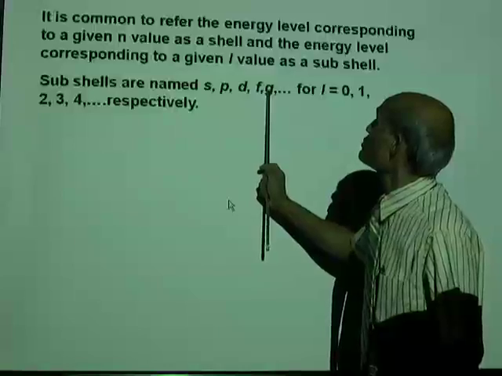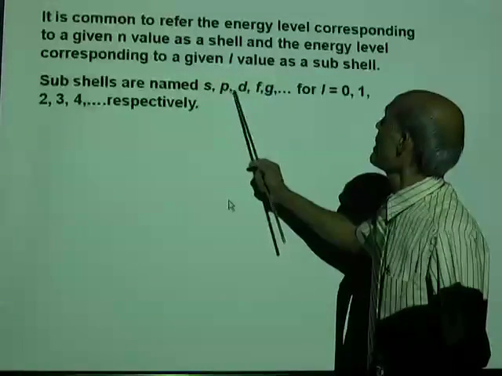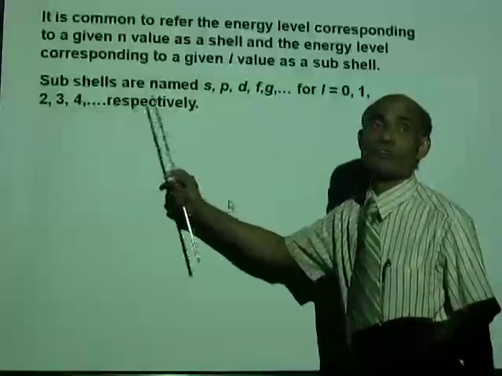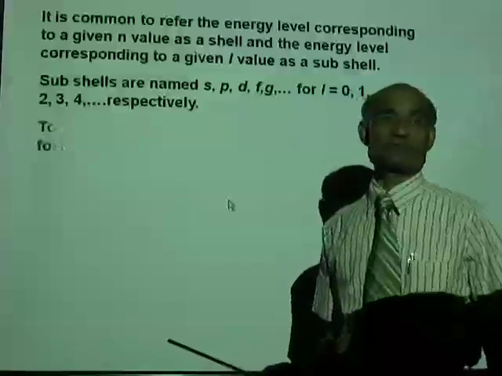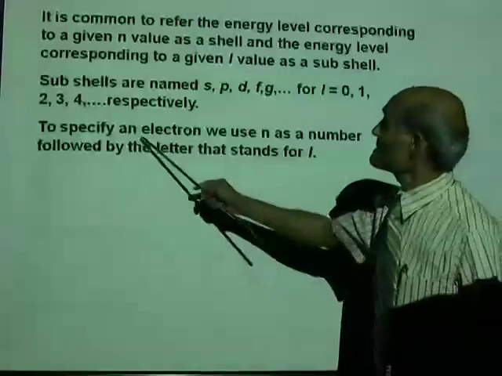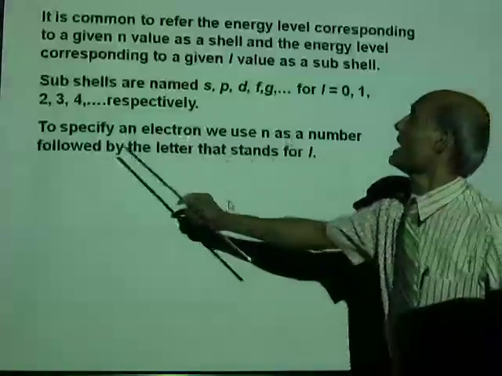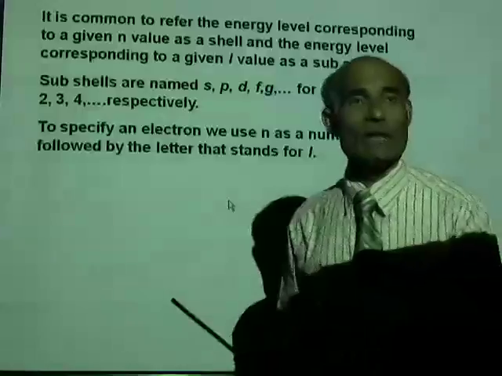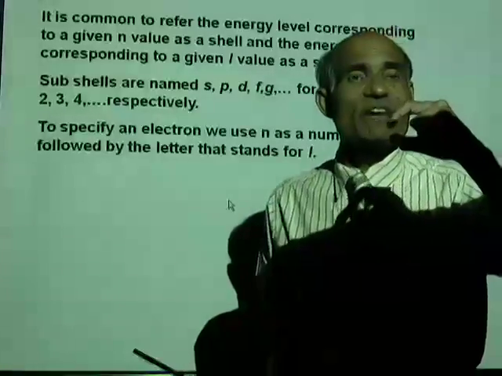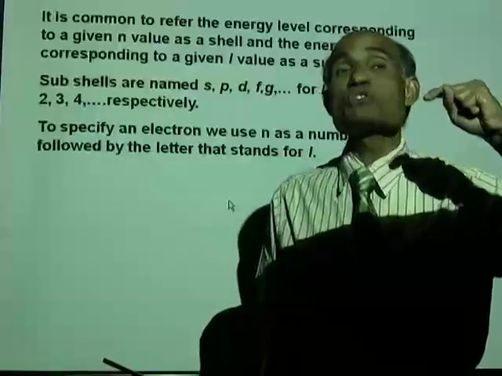So for each L value, we name the subshell. Now, to specify an electron, we use n as a number followed by the letter that stands for L. In other words, when you specify an electron, you have to say which shell and which subshell.